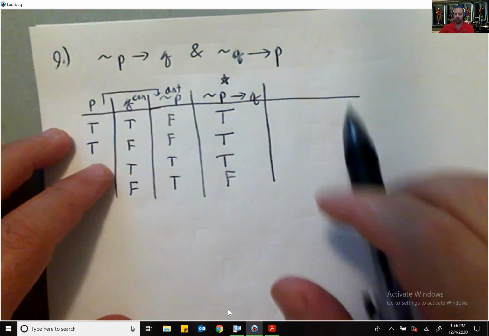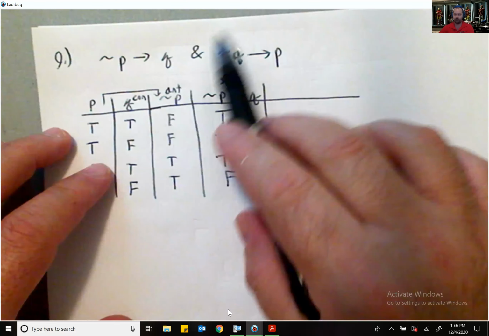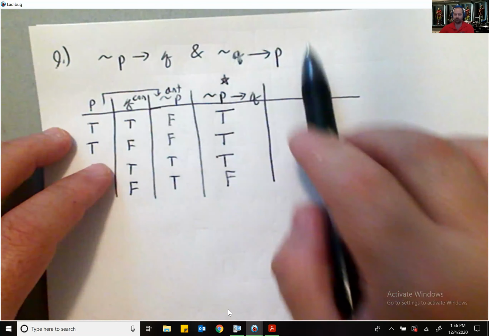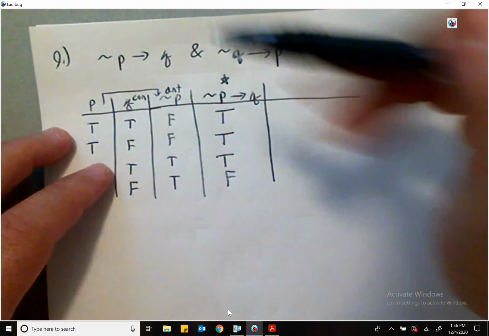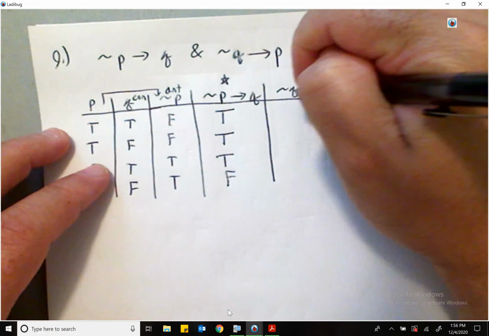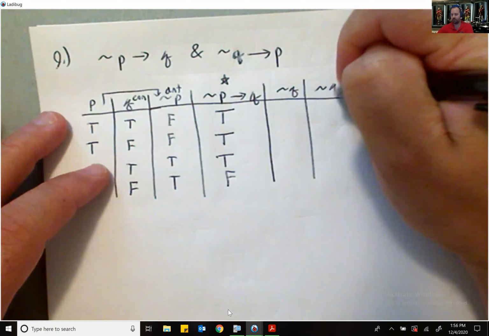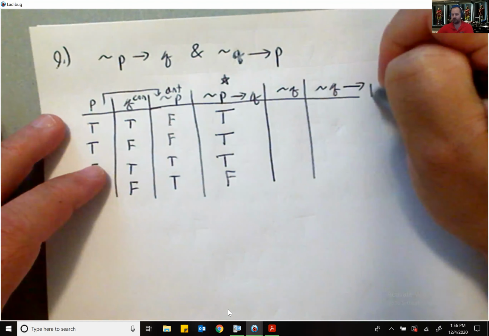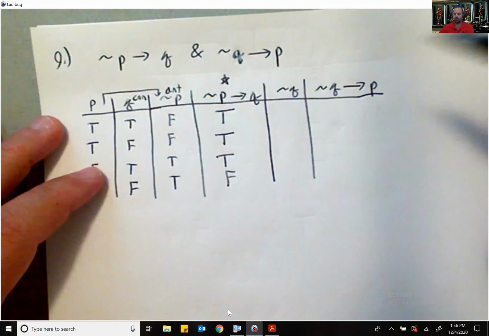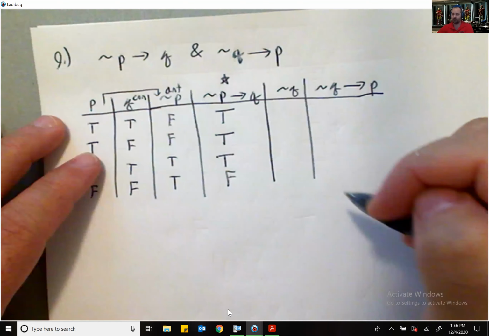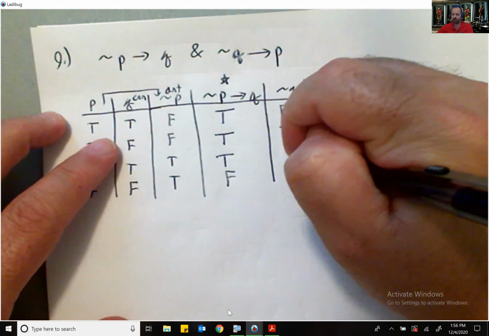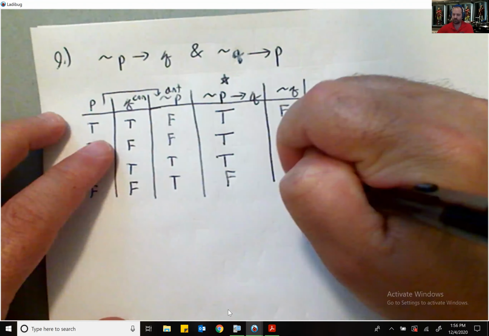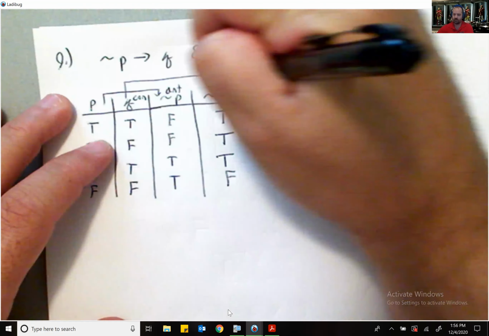But before we can look at this final, what do we need to find first? Negate Q. We need to do a negation of Q. Negate Q, and then we'll be able to do negate Q conditional P. All right, so negate Q, as you guys have told me before, is false, true, false, true. We just take this column and negate it.